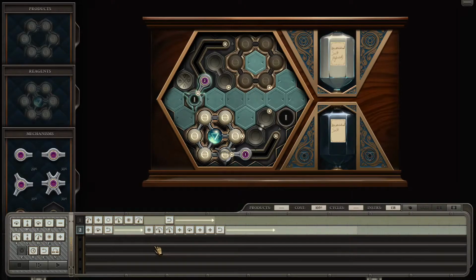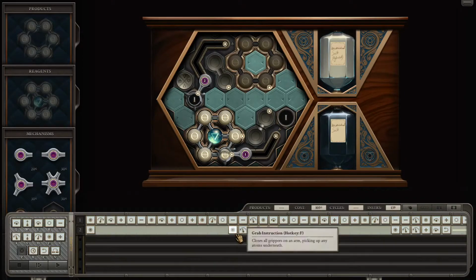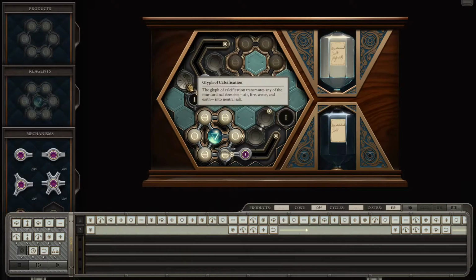Okay, in this new system, let's do a thing immediately. Grab. Yeah, okay, so I want to be able to do an identical set of operations here on number 2, all of the times that you would grab an atom. The very first one will grab air and do nothing.